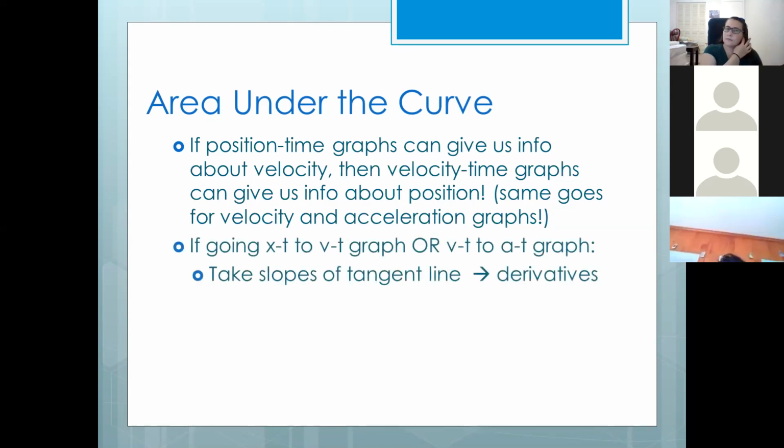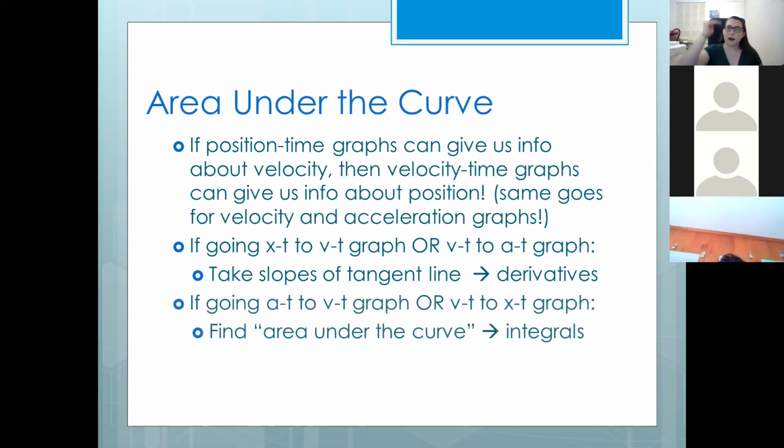So we've talked so far about going down our stack of graphs, so from position to velocity or from velocity to acceleration. And to do that, we take the slopes of the lines, or take the derivatives. We can also go up our stack of graphs. So we can start at acceleration and learn about velocity, or we can start at velocity and learn about position.